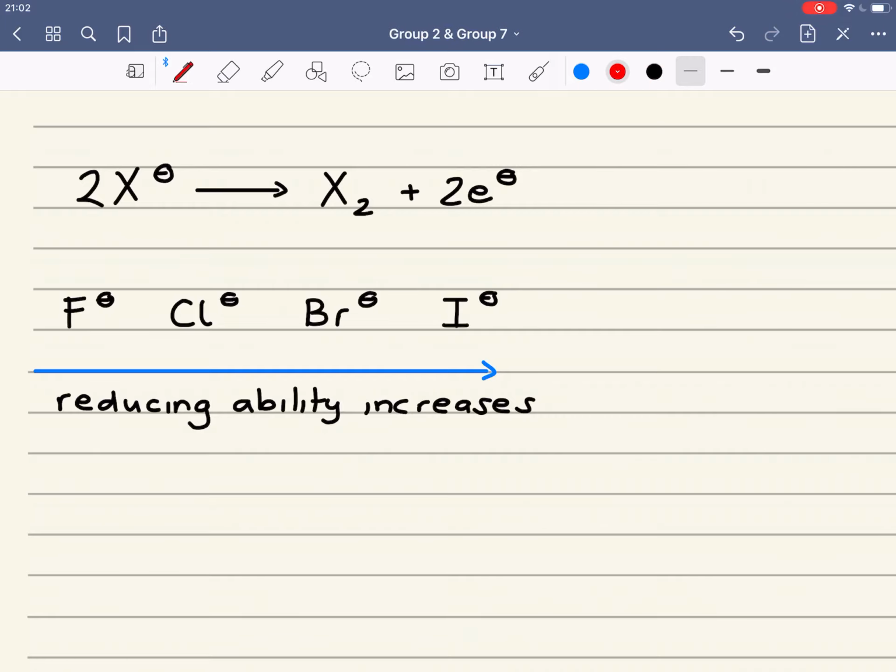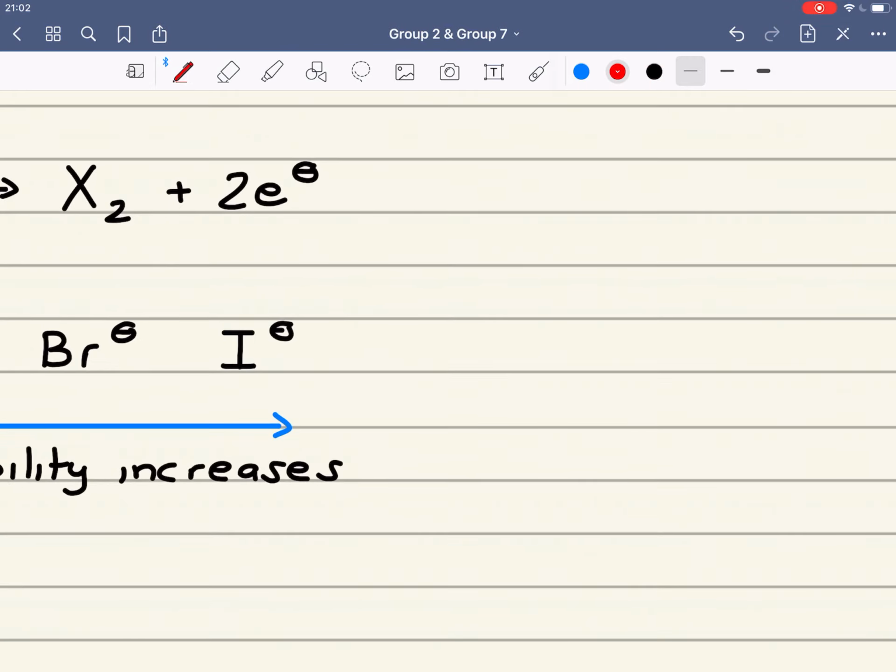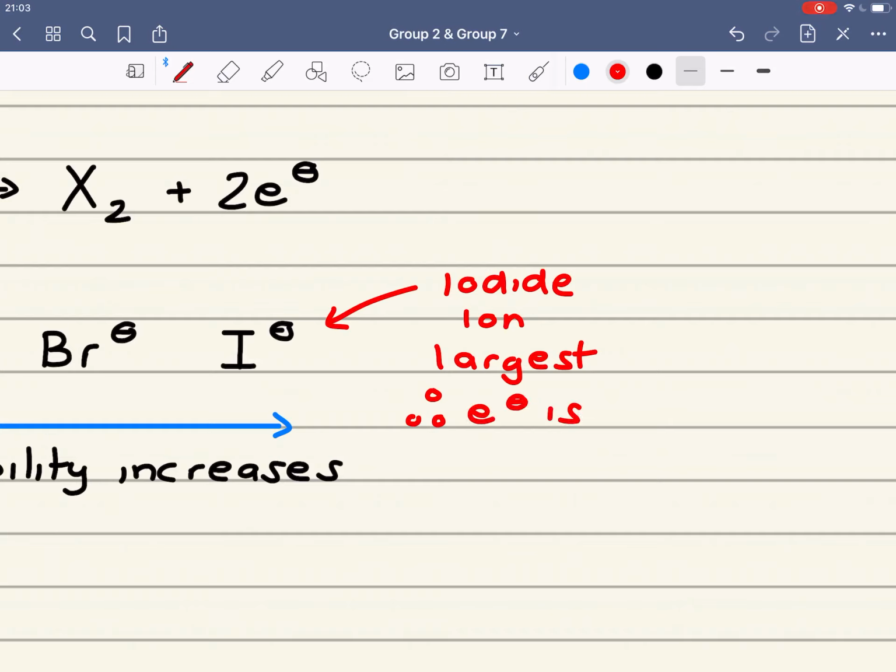And we can explain that because the iodide ion is the largest, and therefore the electron is more easily lost, or we should say lost more easily.